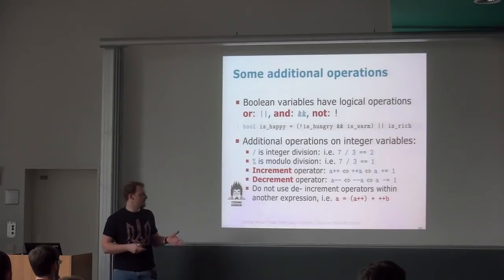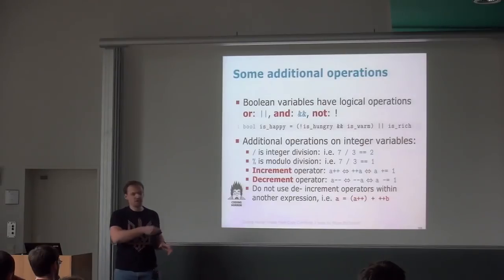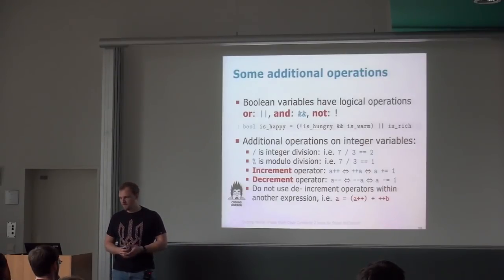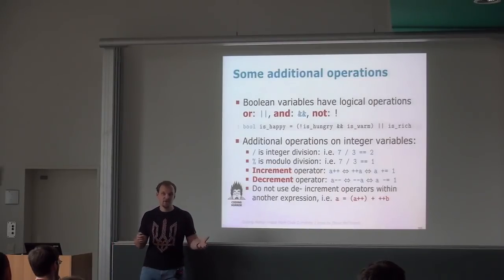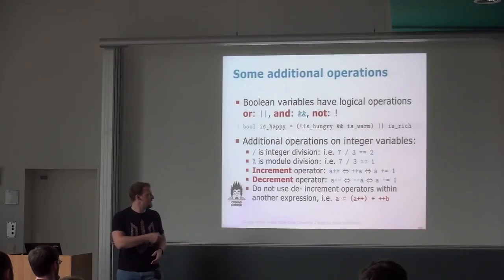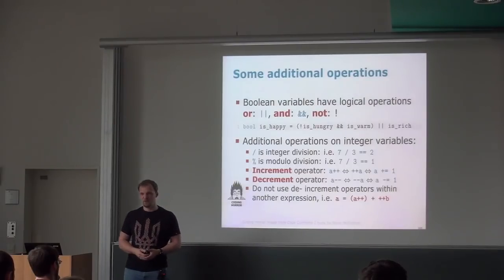The types will be converted to the biggest type. So if I put here 7.0, the whole expression will be converted to double. There's also modular division for integers, which is kind of the opposite of the integer division. So 7 modulo 3 is 1, because that's what is left. It's the remainder of the operation.